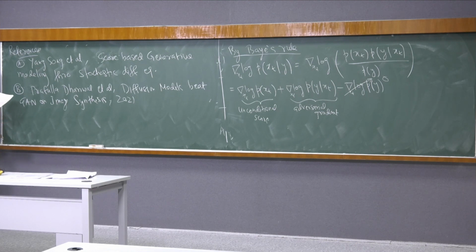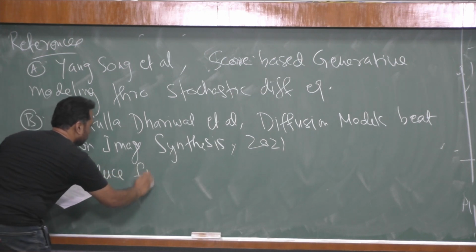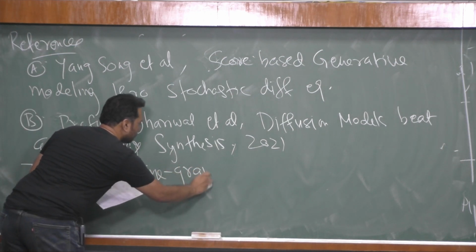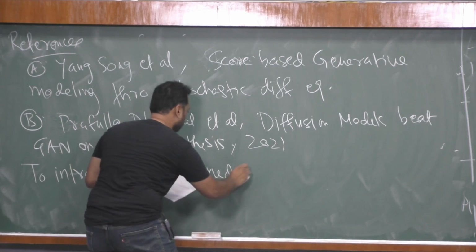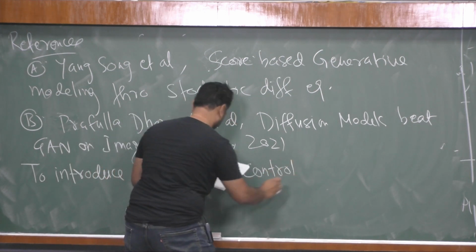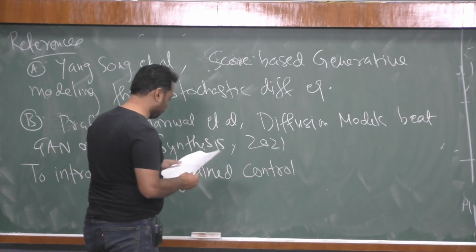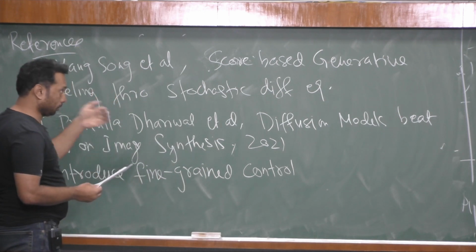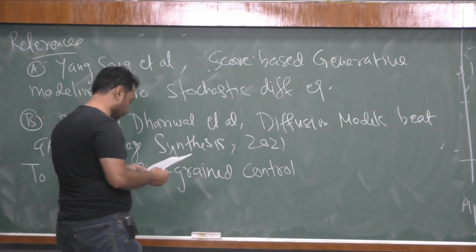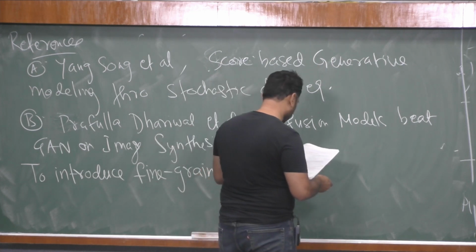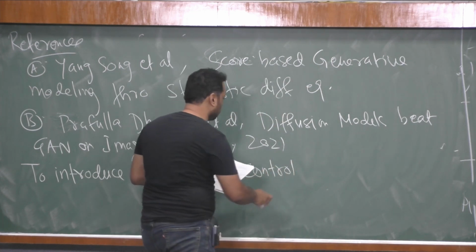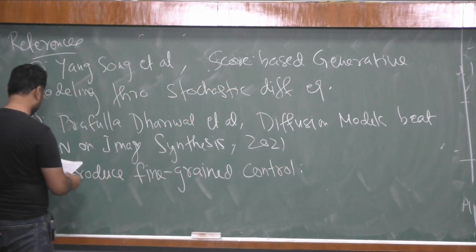So then there will be less diversity. You can put a weight on these two terms, and you may control a trade-off between diversity and images corresponding very closely to the conditions that you have. So hence a small modification that was done was to introduce fine-grained control over sample diversity or the conditions. So we put a weight there.